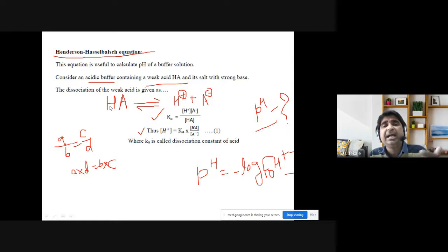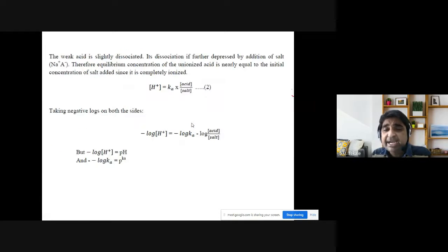If we apply the law of mass action to this dissociation equilibrium, we get the dissociation constant K equal to concentration of H plus and concentration of A minus divided by concentration of undissociated HA. To calculate pH, we should know the H plus ion concentration in this solution, so we convert this expression in the form of H plus ions, and then we apply negative log on both the sides.